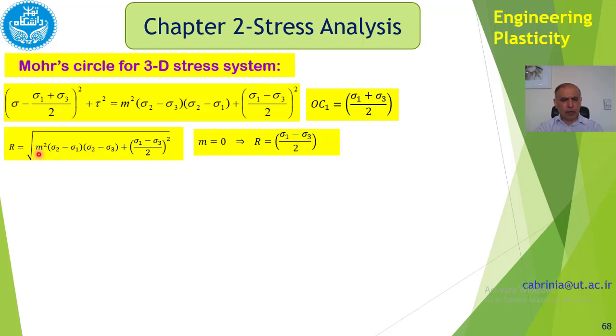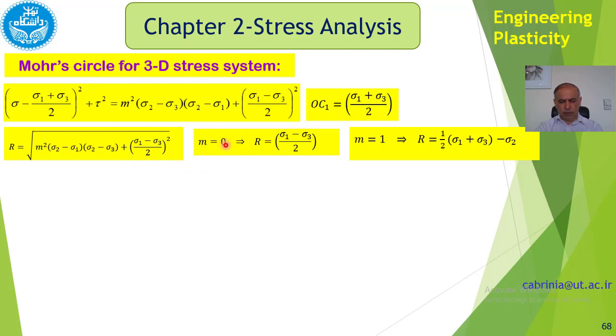If you put m equal to 0 here, that becomes 0, and you get this. Similarly, if we put m equal to 1 and rearrange these, we get r equal to half of sigma 1 plus sigma 3 minus sigma 2. If you square that, you will get this under the square root.